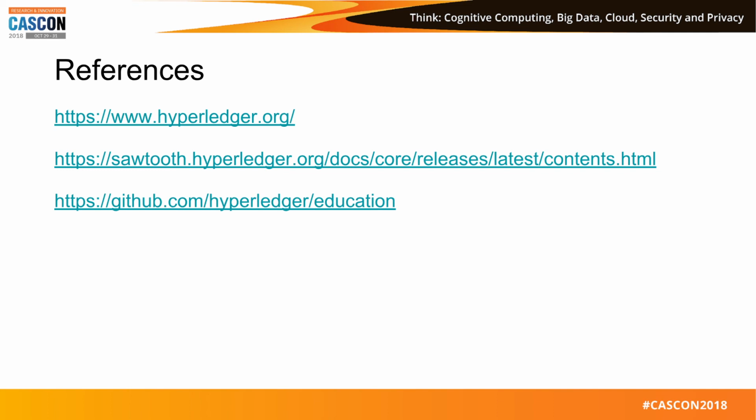It has a lot of information, and if you want to investigate a bit more about the hands-on tutorial, I would recommend going to the Hyperledger GitHub repository. They have all the code there. As I mentioned, Sawtooth is an open source project, so you can look through the code and do some experiments on your own.